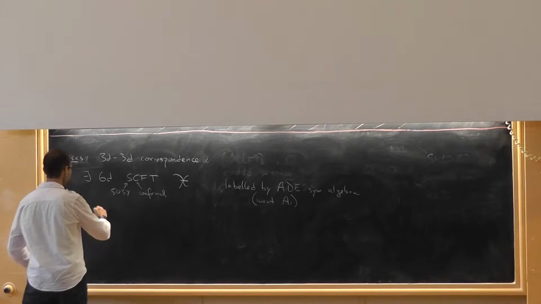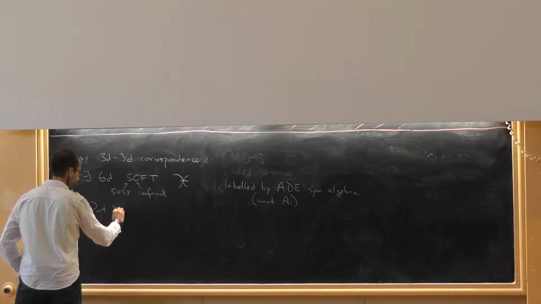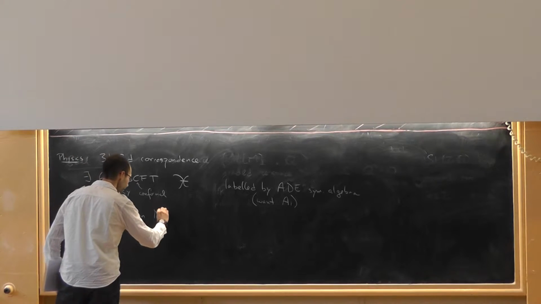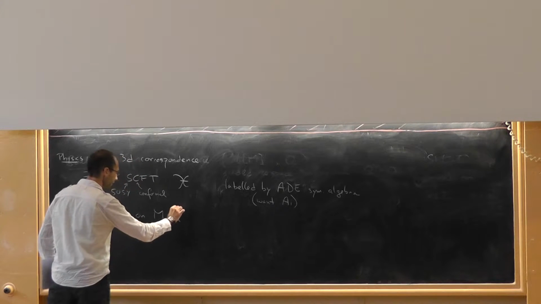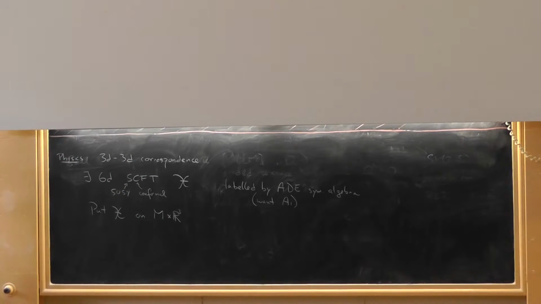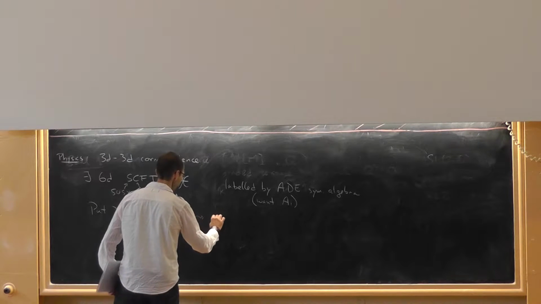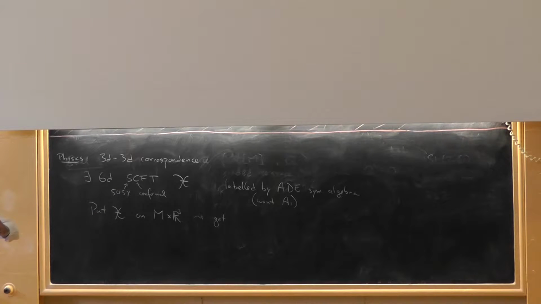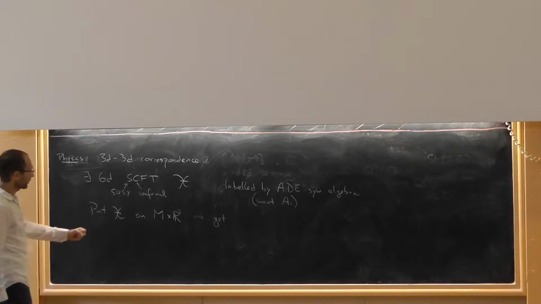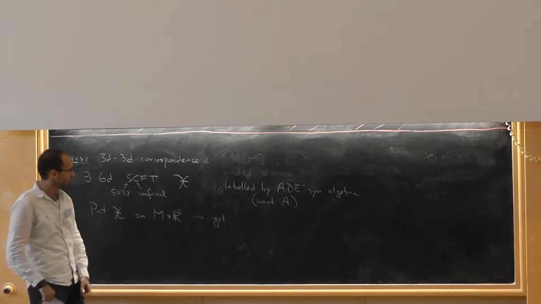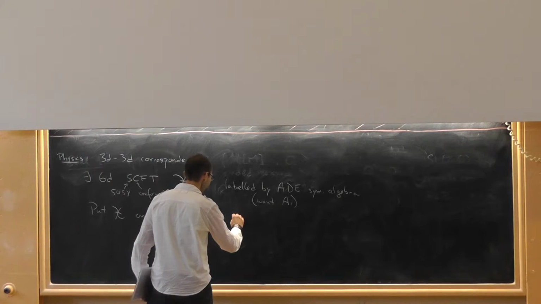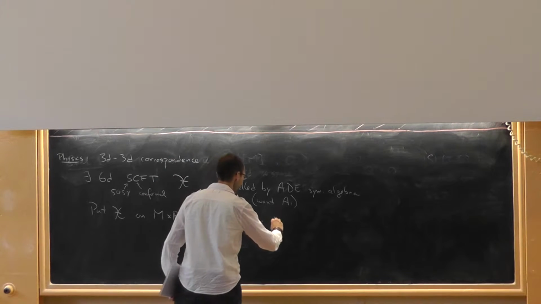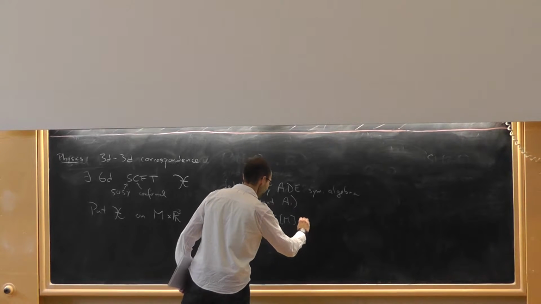If we put theory X on a 6 manifold that's the product of a 3 manifold M times R3, and scale down M by a conformal transformation, we expect to get an effective theory T of M on R3.